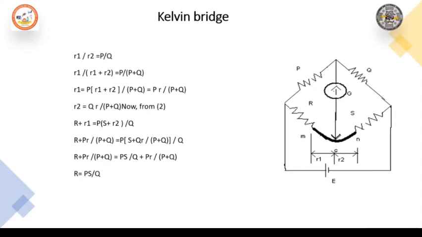The consideration of the effect of contact and lead resistance is the basic aim of Kelvin's bridge. Looking at the Kelvin's bridge diagram, the resistance you are seeing here represents the resistance of the connecting leads from R3 to Rx.